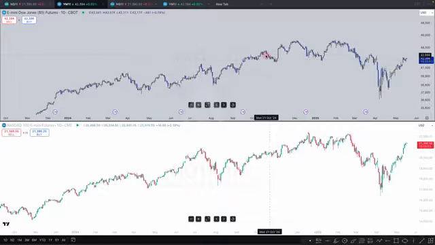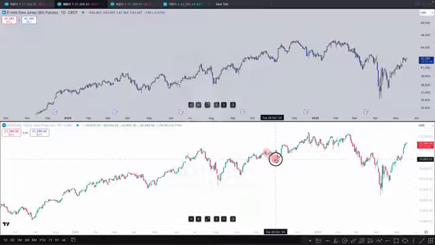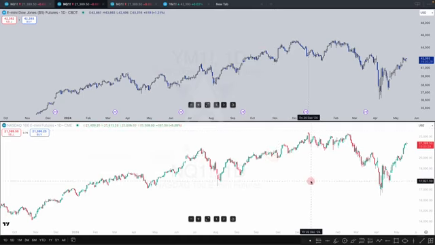When the market declines on the Dow Jones from this high to this low, around that same time on the Nasdaq, I remember we were in a type of consolidation, right? So the Dow Jones decline relative to the Nasdaq was deeper.